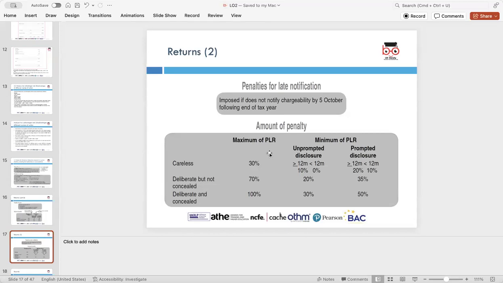The maximum penalty in this case can be 10% of the PLR if the error is disclosed unprompted, or 0% if it is disclosed after prompting by HMRC. Understanding these penalties is essential for individuals and businesses to ensure timely and accurate notification of tax liabilities. By complying with HMRC requirements, they can avoid costly penalties and maintain good standing with tax authorities.